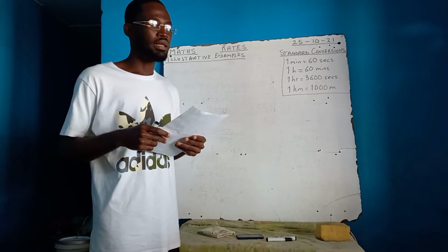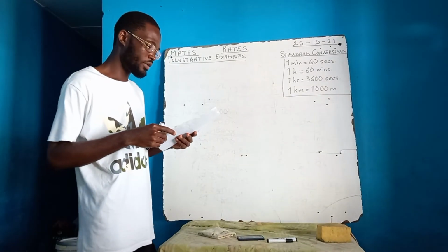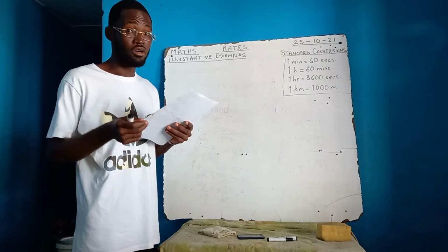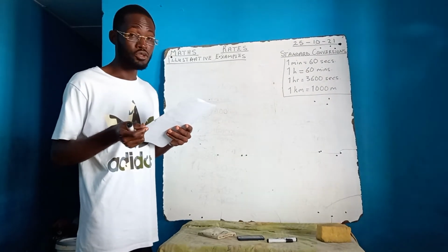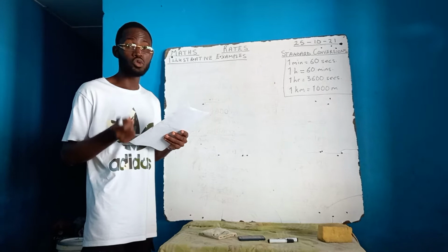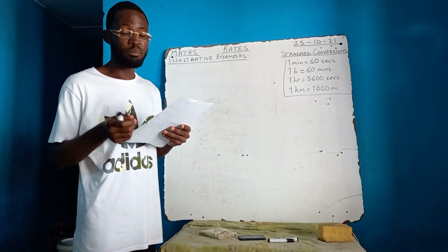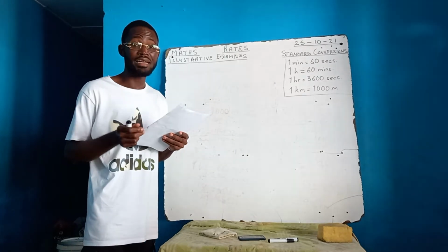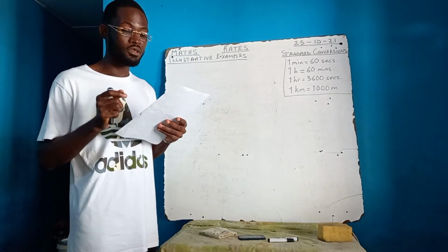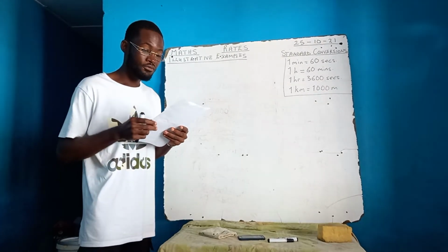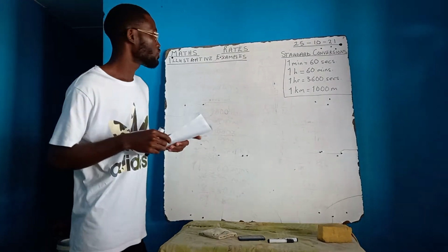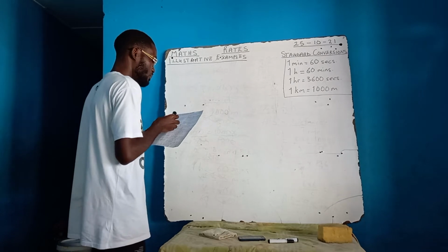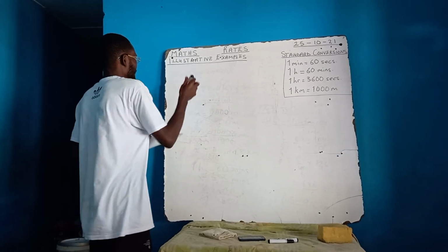So let's start. All right, so we have: find the average speed of a car that travels 45 kilometers in 2 hours 15 minutes. And I read again, find the average speed of a car that travels 45 kilometers in 2 hours 15 minutes. So bringing out our data, we are actually finding the average speed in kilometers per hour.